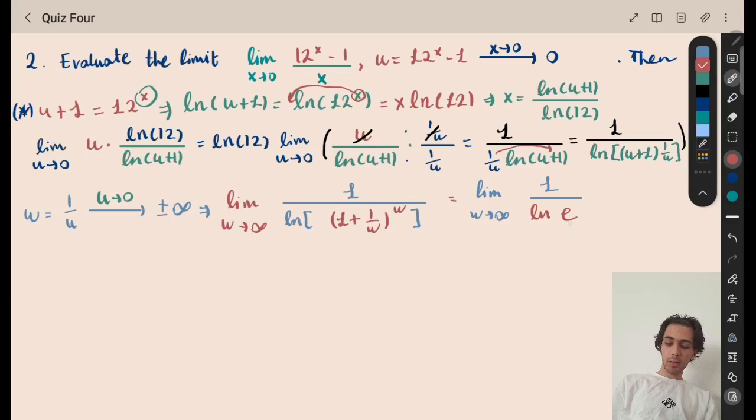So E is defined as the limit as w goes to infinity of (1 plus 1 over w) to the power of w.